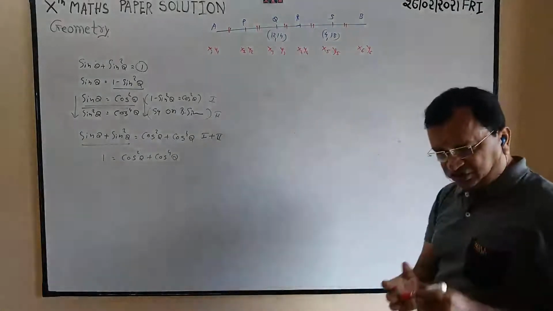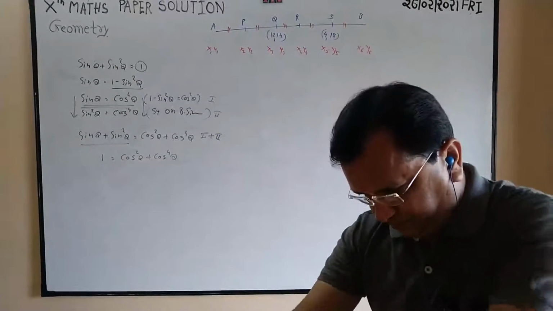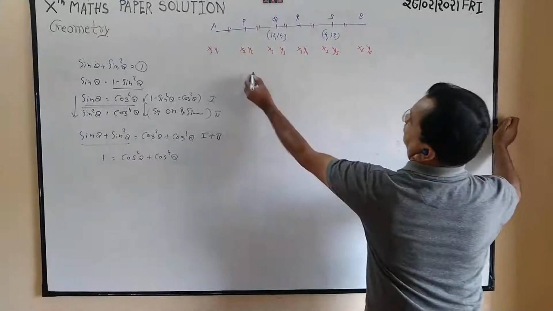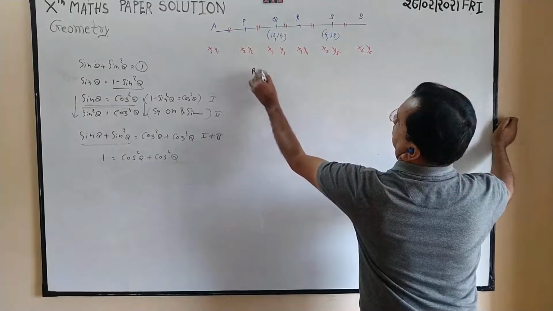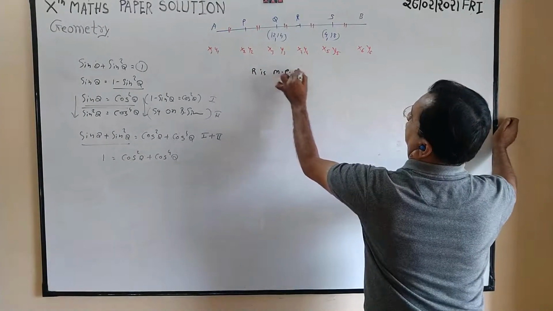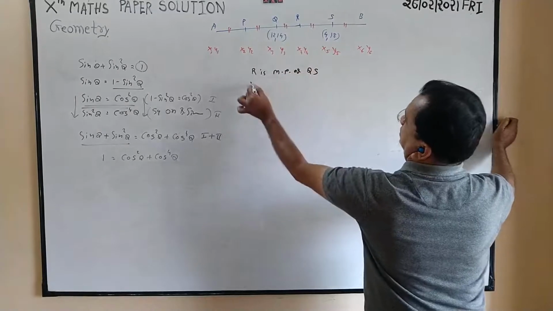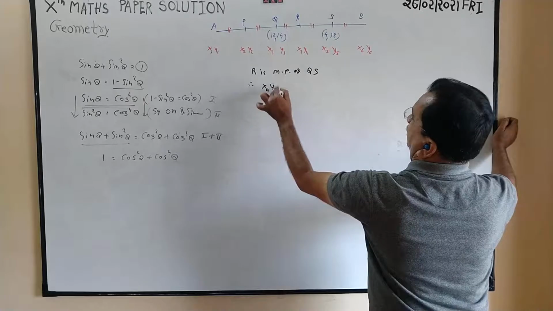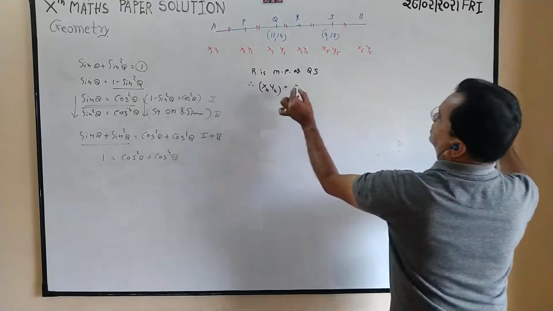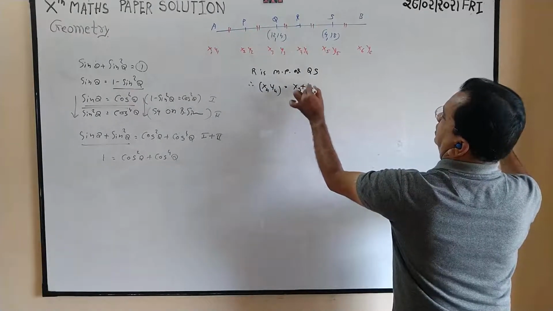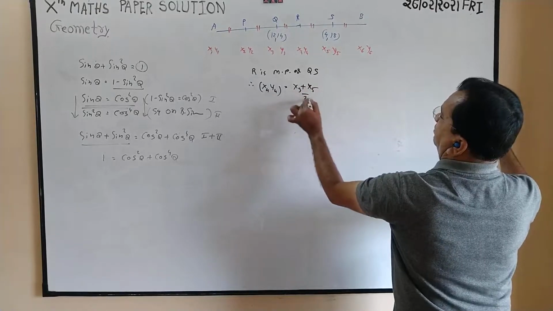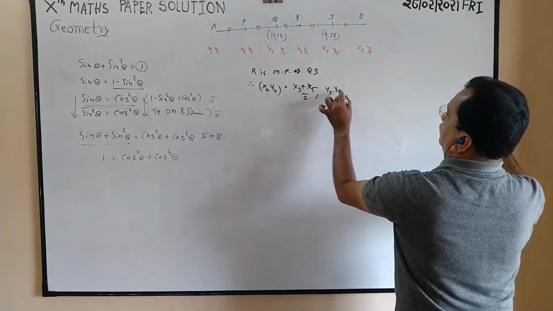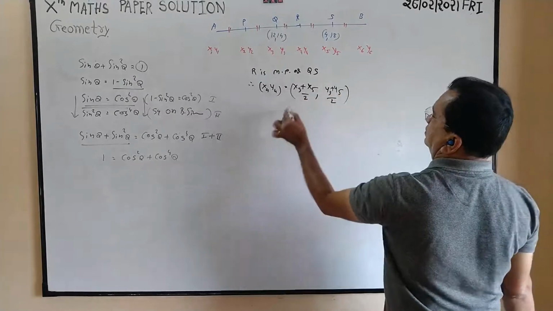So first we will start from, for example, R is midpoint of QS. Therefore x4, y4 is equal to x3 plus x5 divided by 2, y3 plus y5 divided by 2.